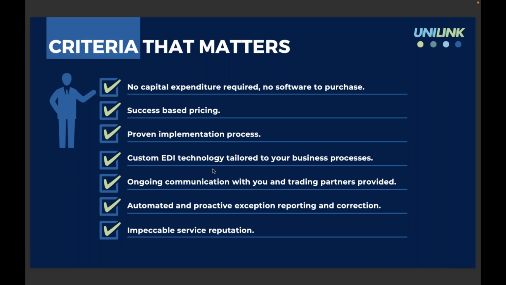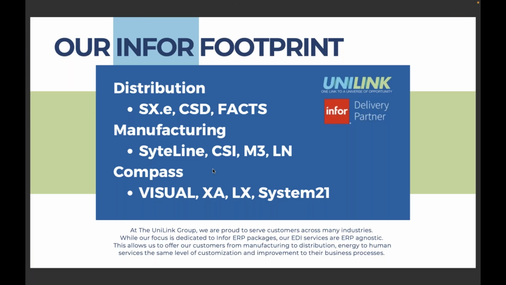Our Infor footprint: we deal in distribution, probably the highest number of customers are in distribution, and manufacturing with Sightlines, CSI, M3, LN, and then Compass, some of the older systems that are in the Compass group within Infor. But we're not tied to just Infor ERP systems.